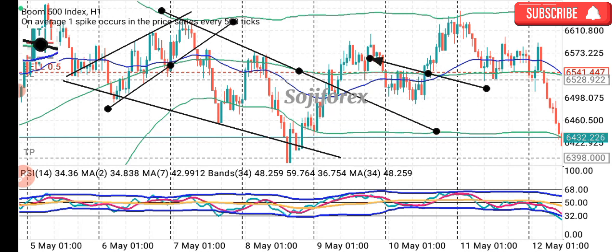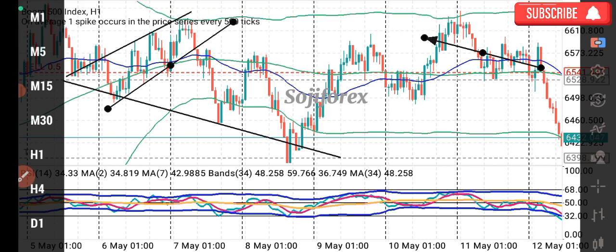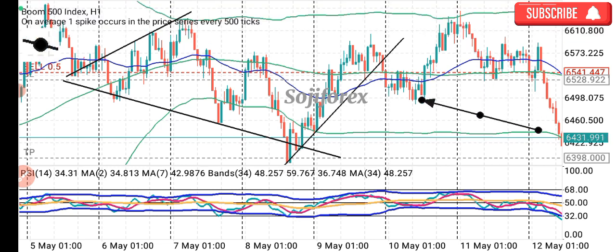And here price is moving to the upside, and you can eventually as well pick up your trend line to this zone and draw this. You are waiting for price to break out of this trend line.